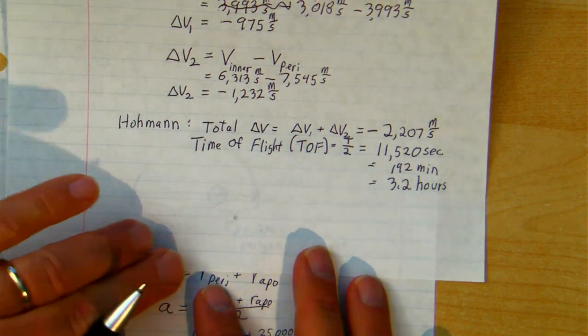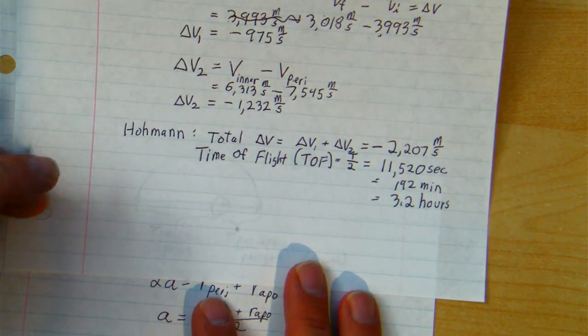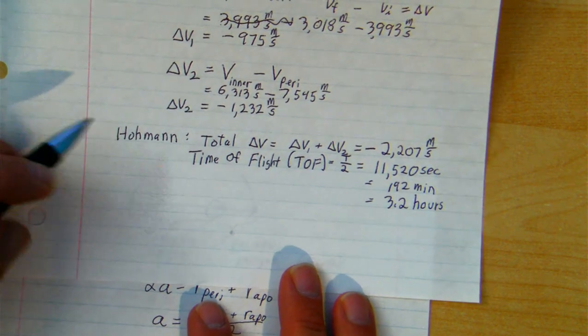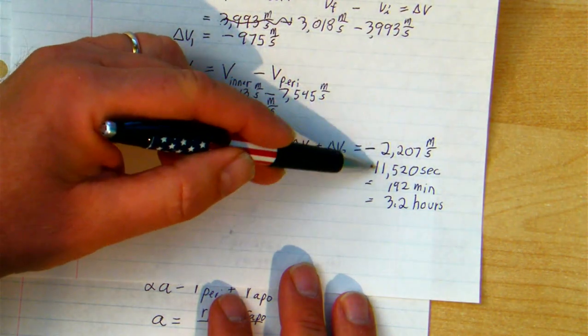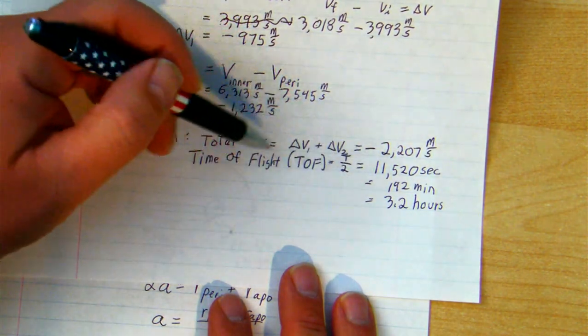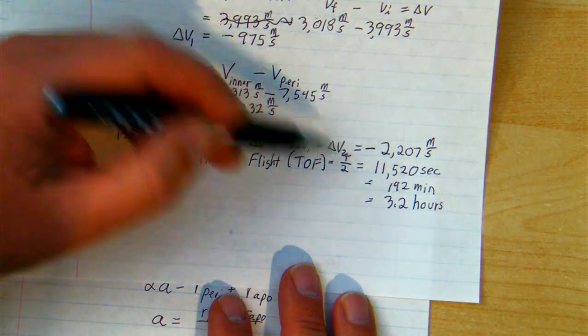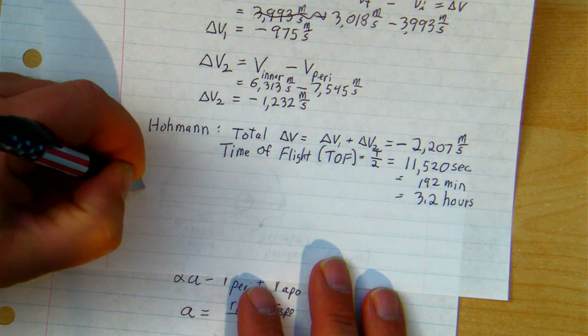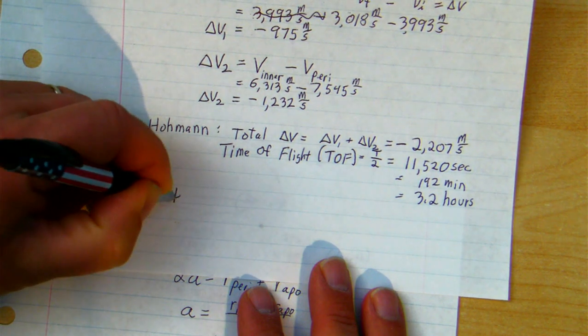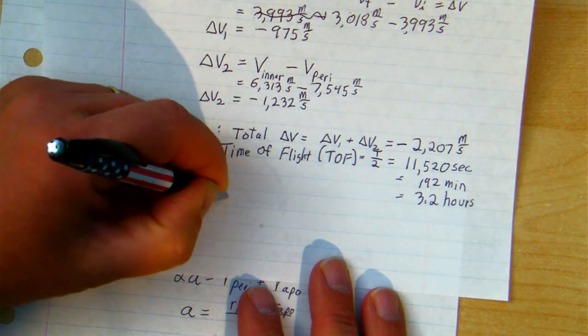So there's one final comment I'm going to make about all this: what do you do with these two answers? What do you do with the total delta V? What do you do with the time of flight? And the answer is the rocket equation.